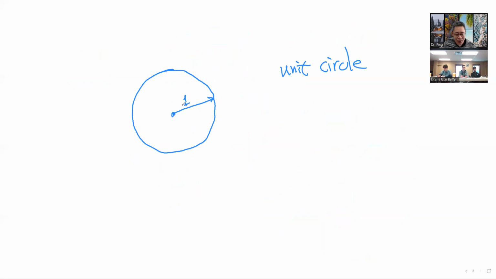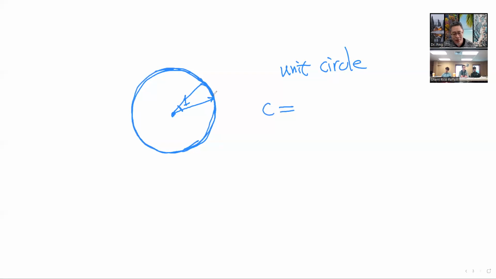Instead of measuring the circle, they measure the arc. They noticed that going all the way around the circle, the length of that is our circumference.